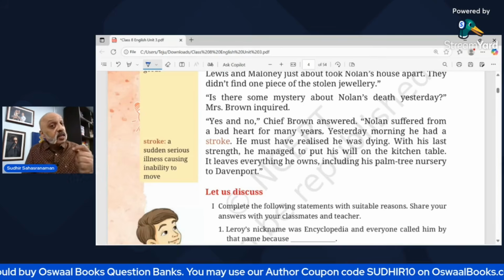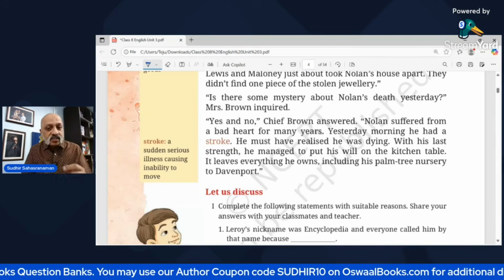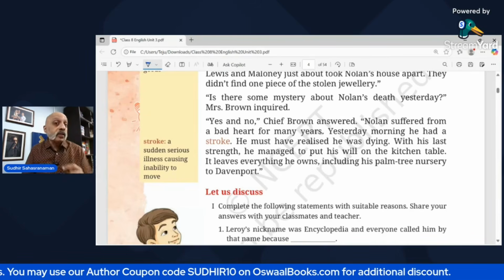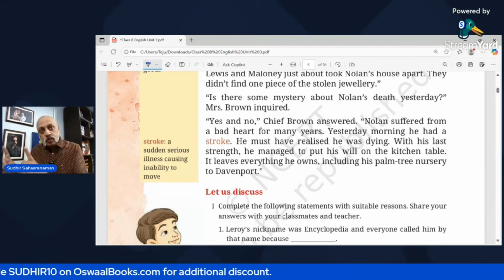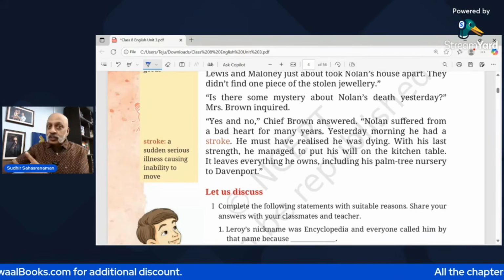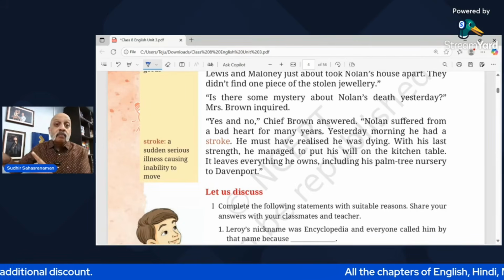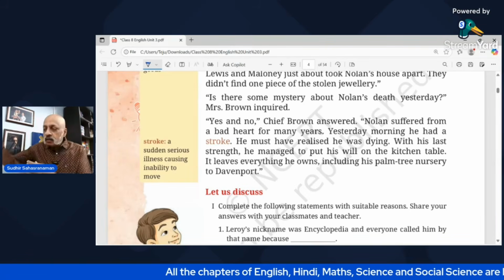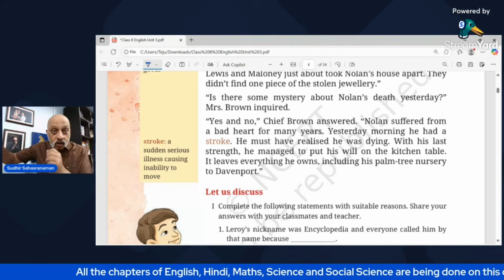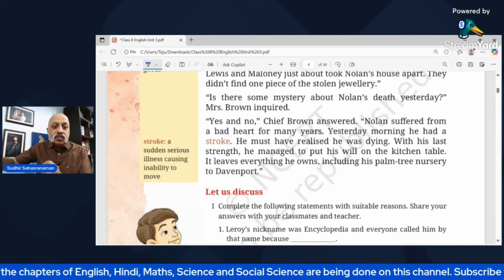He must have realized he was dying. With his last strength, he managed to put his will on the kitchen table. So the mystery is because yes, he did have a stroke, so it's a natural death. But why is there a mystery? Because even when he was dying, he scribbled something, like a will, on the kitchen table.